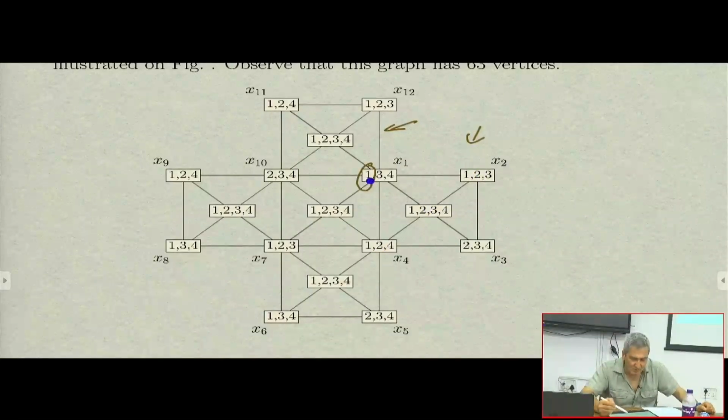So if here is 1, I cannot put 4 or 3 because I cannot have the same color. So I have to put color 2. So I will put 2 here and 2 here. Then I can choose 1, 2, 2, and 3 and 4, I can choose 4 and 3 or 3 and 4, it doesn't matter.